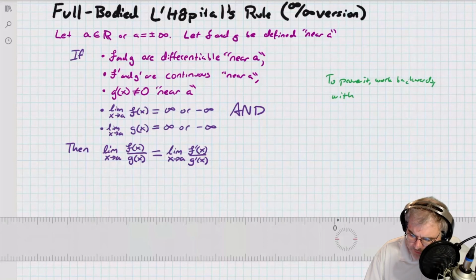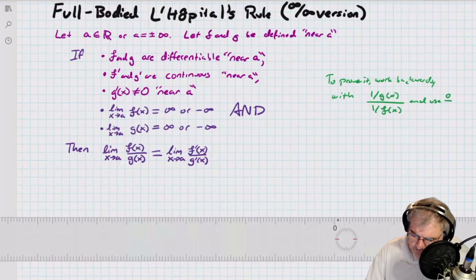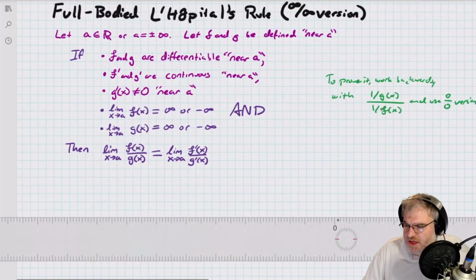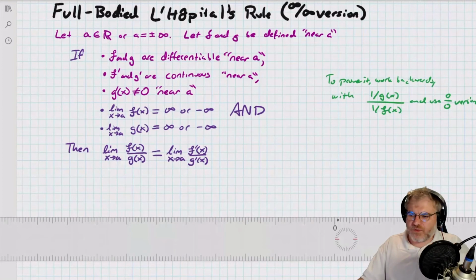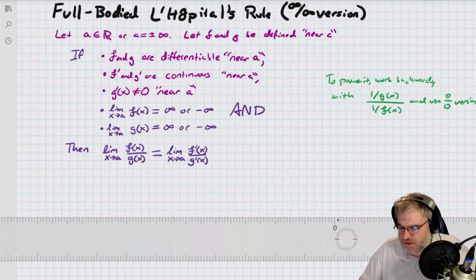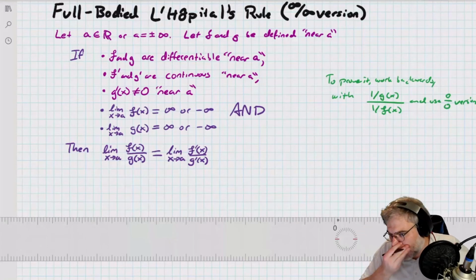And I do it with 1 over g of x over 1 over f of x, and use the 0 over 0 version. So basically what I do is I put 1 over g on top, 1 over f on the bottom. I use the reciprocal rule, but I have to do it backwards. Okay, so you do it backwards, and then you just use the reciprocal rule, you're fine.